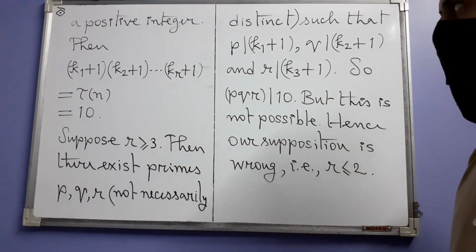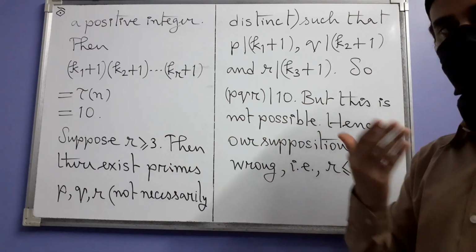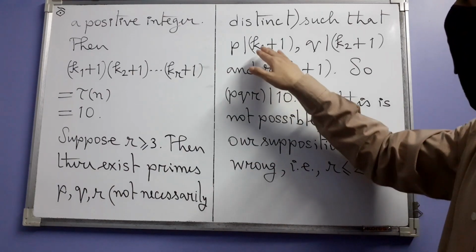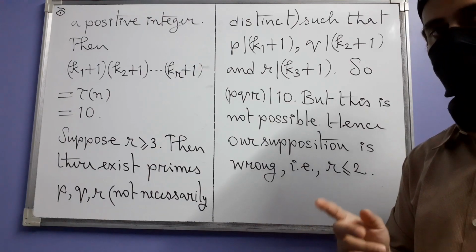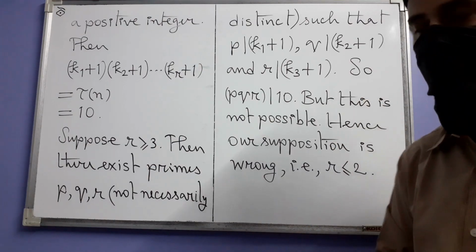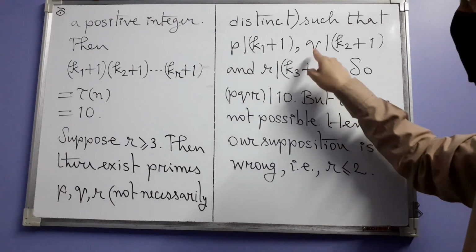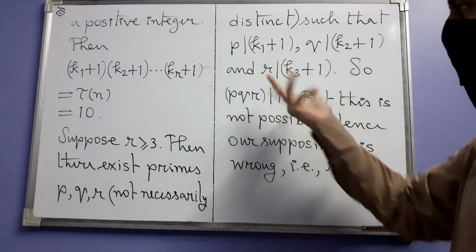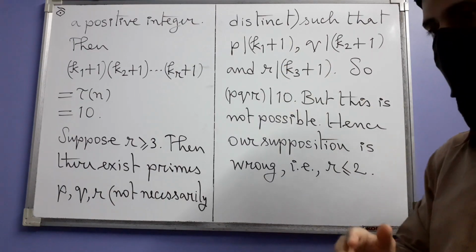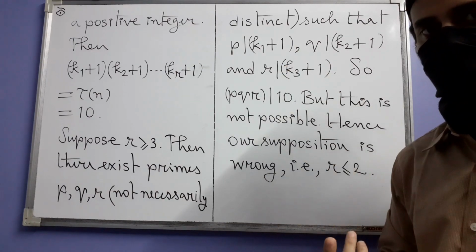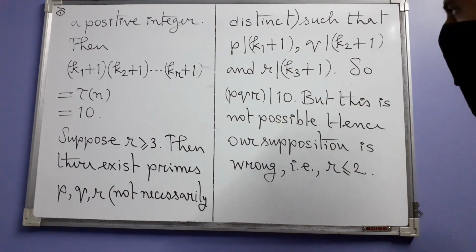But we are of course not writing factorizations of these numbers. The fact that each one of them is greater than 1 guarantees that each one of them has a prime divisor, and those prime divisors are p, q and r. They may or may not be distinct, we don't know. Maybe p, q and r, actually all 3 of them are the same prime, that is also possible.